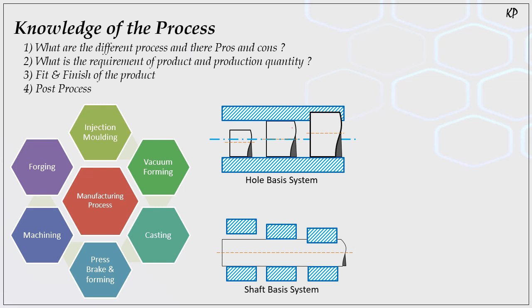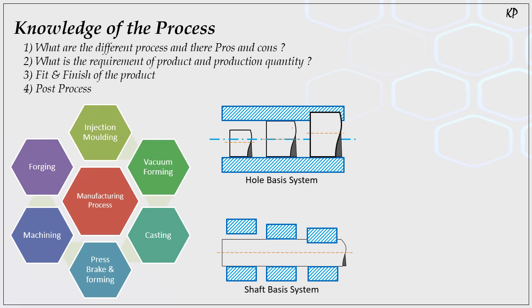Like if you want a clearance fit, transition fit, or sliding fit, then according to that your tolerances will be defined. And once your tolerances are defined, you can define your manufacturing process. Because each manufacturing process has its pros and cons in the form of cost, product quality, or tolerances. So according to that you can decide your manufacturing processes.